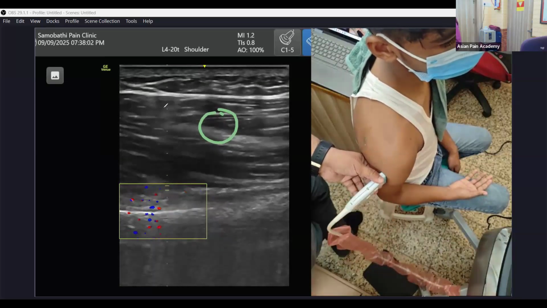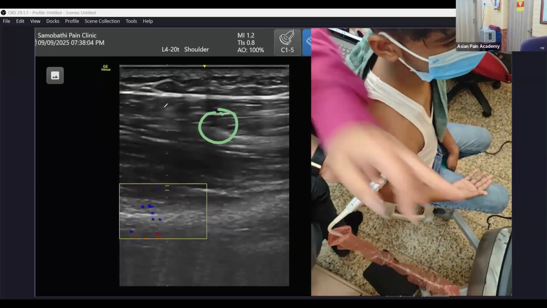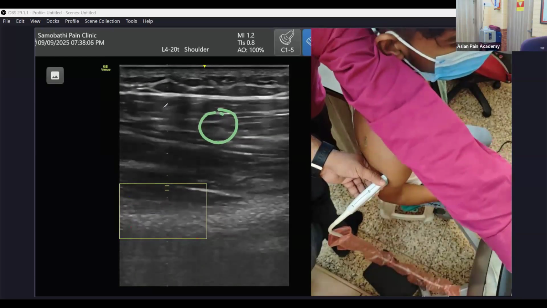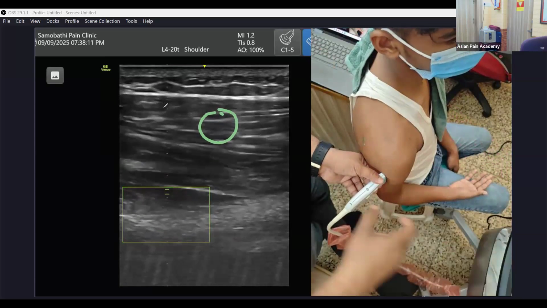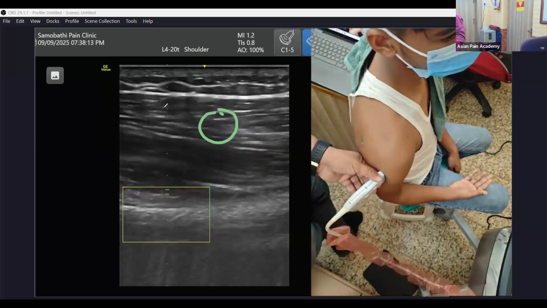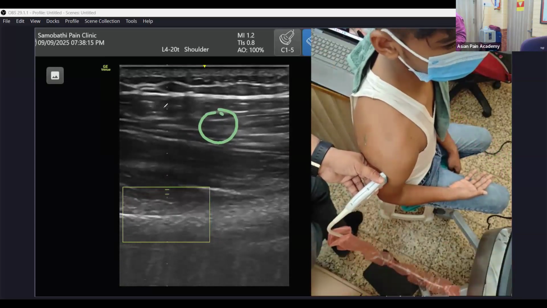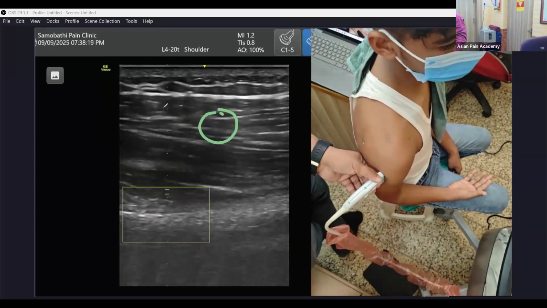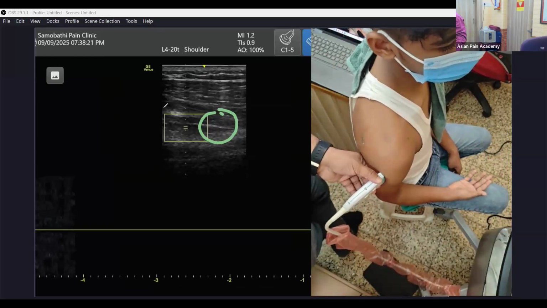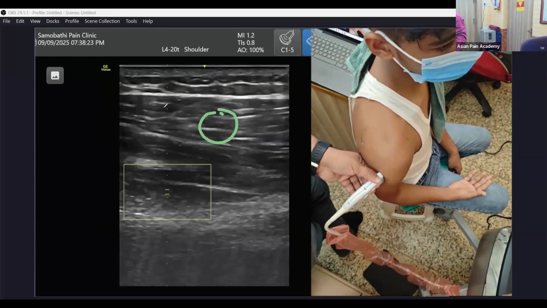Oh, it's not coming. No, it's not taking color anyway. Just keep it. So these are basically deeper structures. So you might not get color at this point.